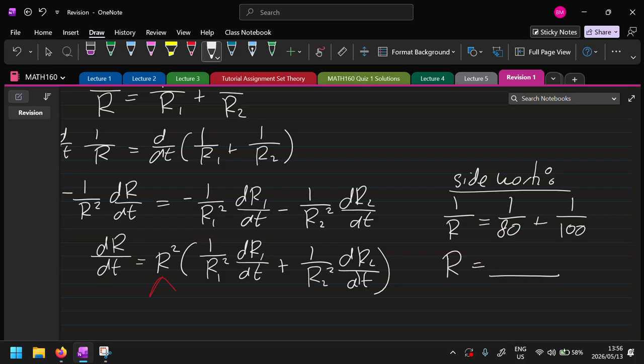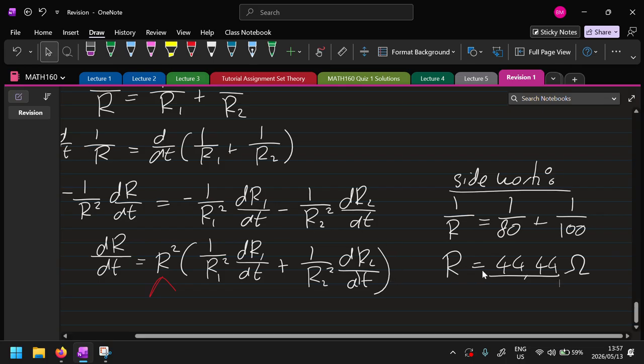What do we get? 44.44. Okay, quick check. Remember, if it's in parallel, this is always less than the smallest resistor. So if you get something larger than 80, you've done something wrong.